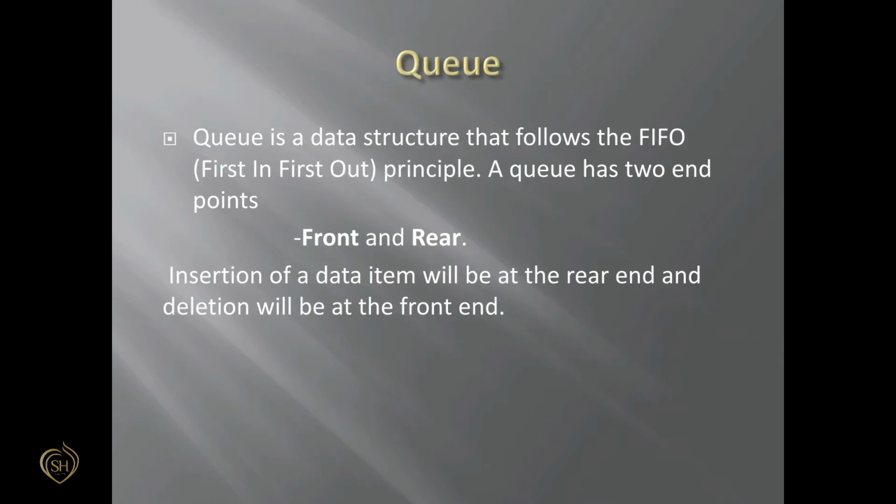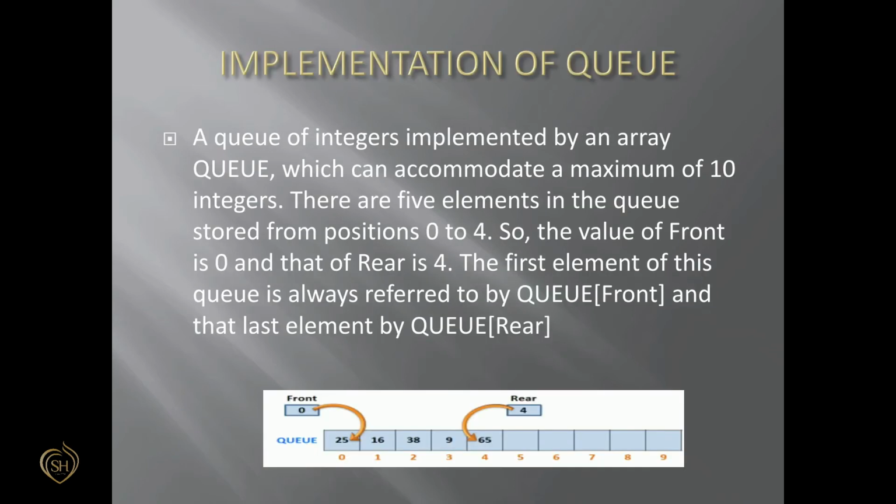A queue has two ends, a front end and a rear end. Insertion of a data item is at the rear end and deletion is at the front end. It is also implemented by an array, and elements are removed from the front end and inserted at the rear end.